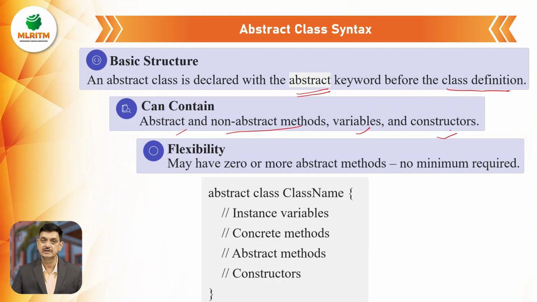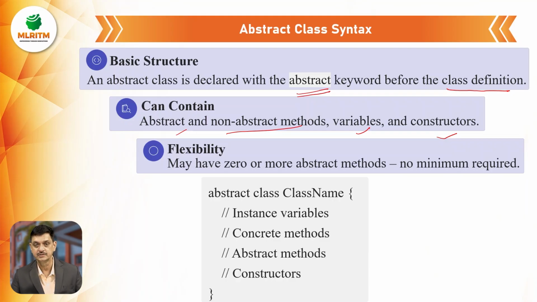Even though it is not instantiated directly, it can contain full code, or full definitions of methods. It can contain abstract and even non-abstract methods also. Non-abstract methods contain the full definition of the method.